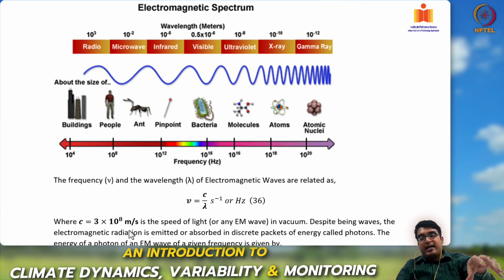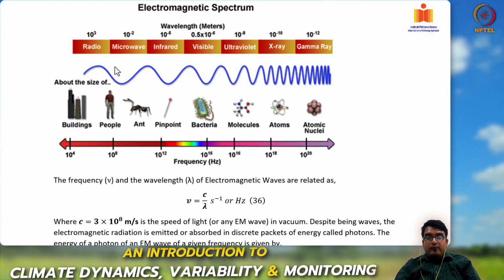Since velocity is constant in a certain medium for electromagnetic waves, frequency is inversely proportional to wavelength. That means that as your wavelength decreases, the frequency will increase and vice versa.